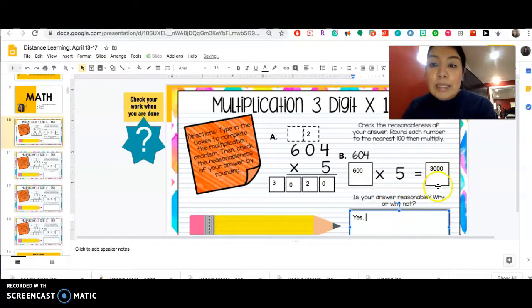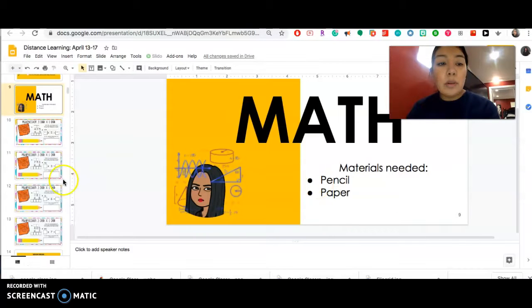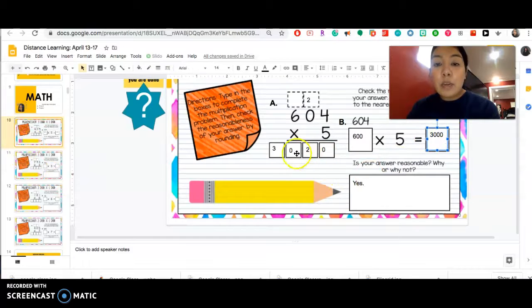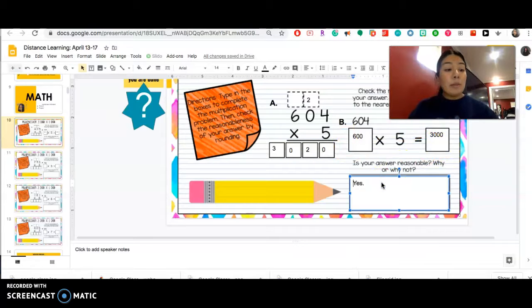The reason why I'm saying yes is because I think my answers are reasonable, because my original answer was 3020 and my answer with rounding was 3000. I believe they are reasonable because they are very close to one another.